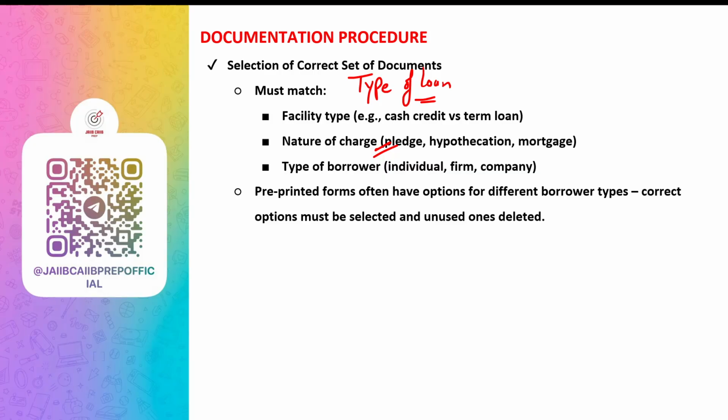So selecting the correct set of documents actually depends on these three things. Now, banks have pre-printed forms with built-in options for various cases, and staff must ensure correct clauses are selected in order to avoid legal issues.